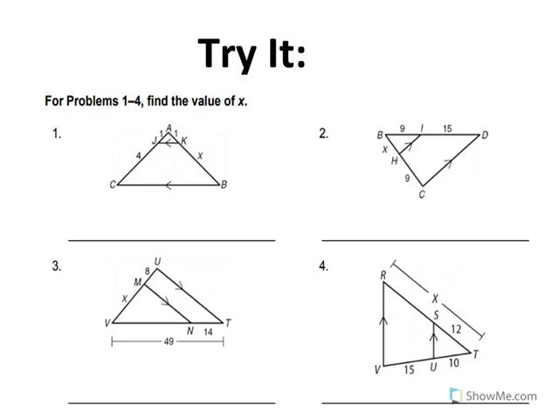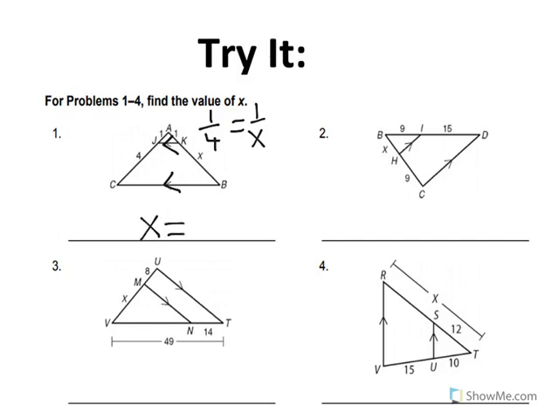Right, and so here's our more practice. Okay, when you look at this, I need you to pay attention and make sure that these two lines are parallel. If those two lines are parallel, then we can use our proportion. So here you can see that it is 1 over 4 equals 1 over x. So solve for x using cross product.